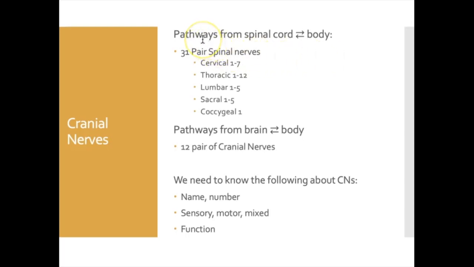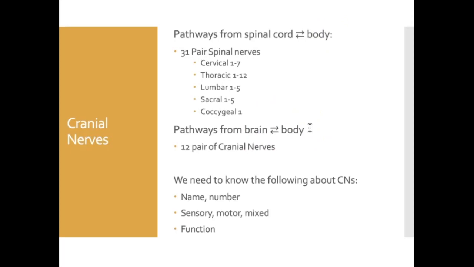There are pathways that transmit sensory information from the body to the spinal cord and from the body to the brain. There are other pathways that send information from the spinal cord to the body and from the brain to the body.